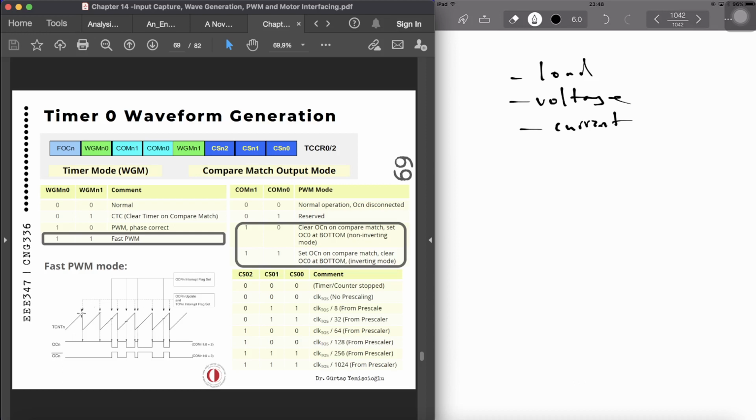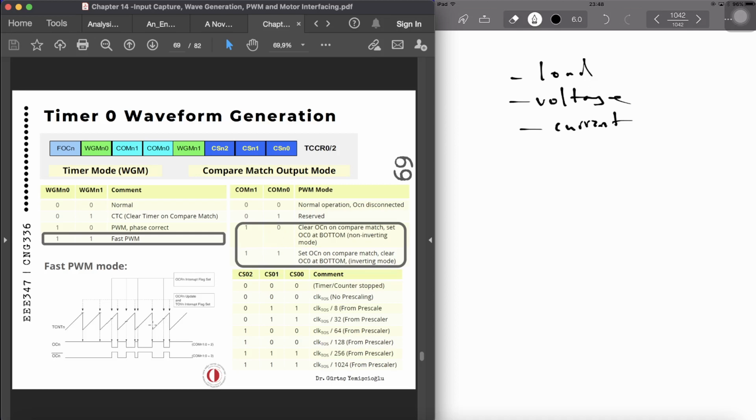Now you can see that OCRn is updated and the timer overflow interrupt flag will be set over here, like in the normal modes. So what will happen? These are tracked. As you can see, OCn is high and OCn inverted will be low. One of them is inverting, the other one is non-inverting.